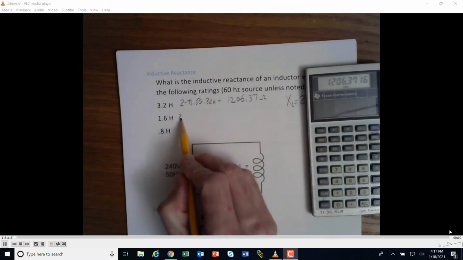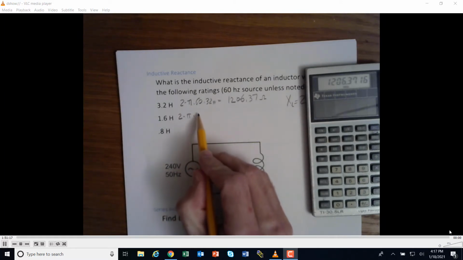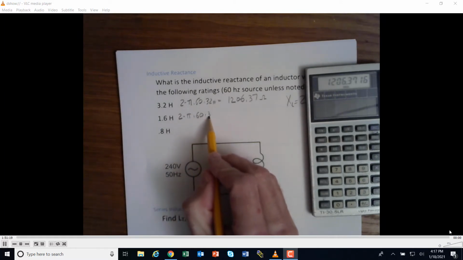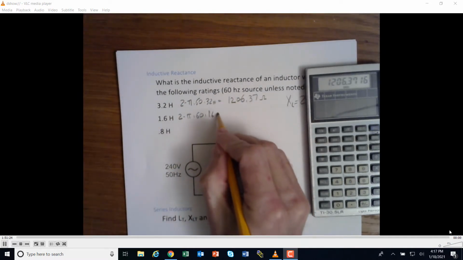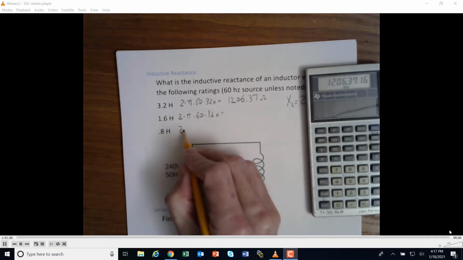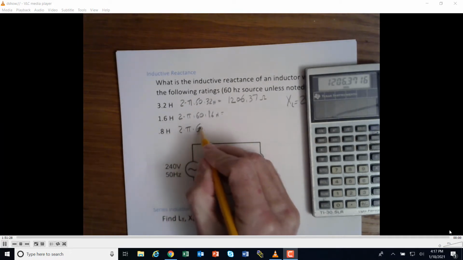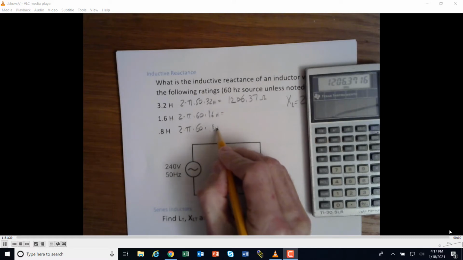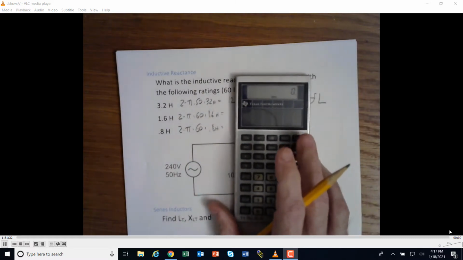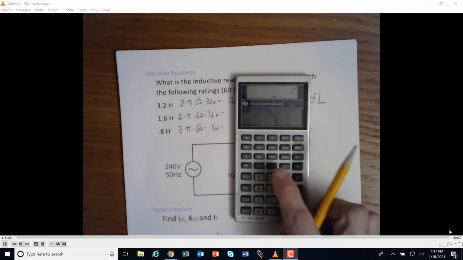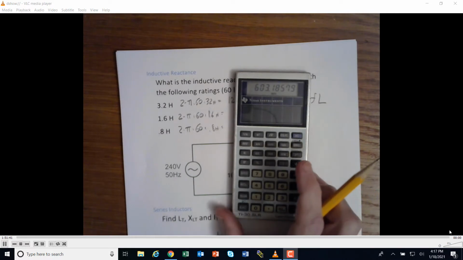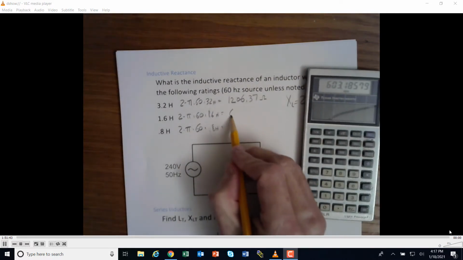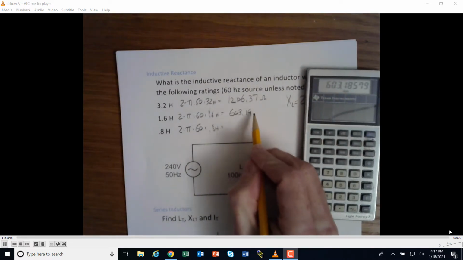This one here, 2 times pi times 60 times 1.6 henries. And this is going to be 2 times pi times 60 times 0.8 henries. So we can take this and we can go 2 times pi times 60 times 1.6, and that equals 603.19 ohms.